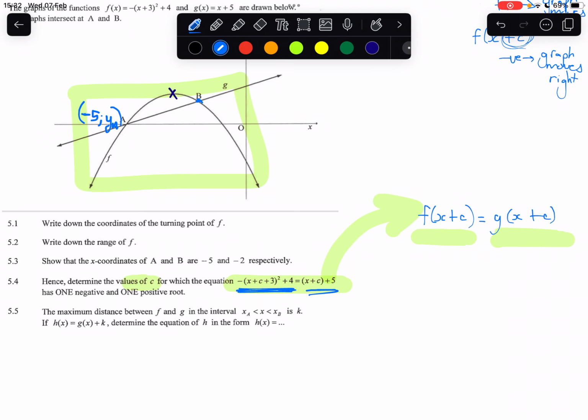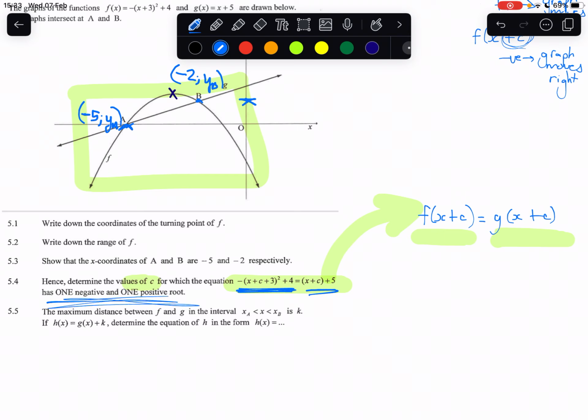The x coordinate of b is -2, right? So if we move our setup 2 units to the right, then b is going to be on the y-axis, and the x coordinate of a will still be negative, it will be -3. So that isn't quite what we want.